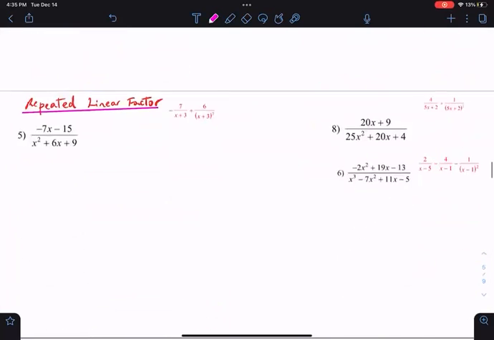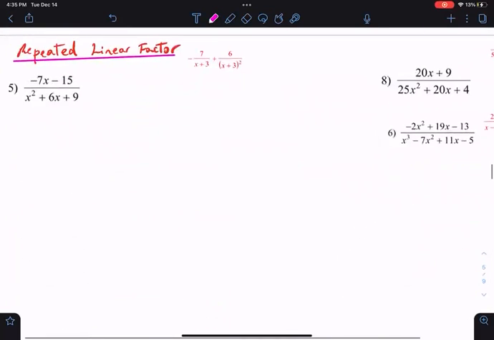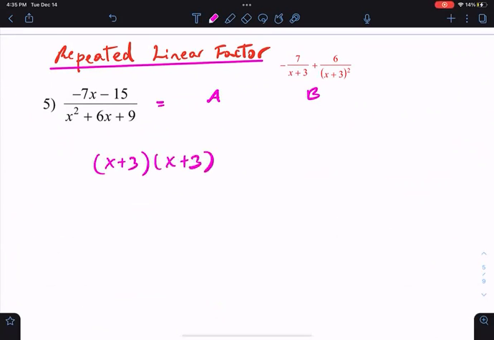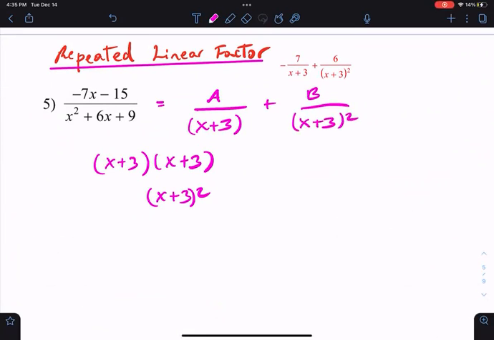The next case is when you have repeated linear factors. So for number 5, you have to factor, right? So that's going to be a and b, right? But you need to see what it is. This is x plus 3 times x plus 3, right? So you can see that this is the same as x plus 3 to the second power. Therefore, this is going to be a over x plus 3, and then the next one is going to be b over x plus 3 to the second power, right?